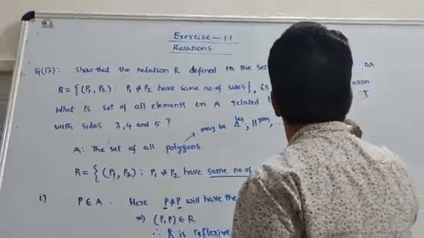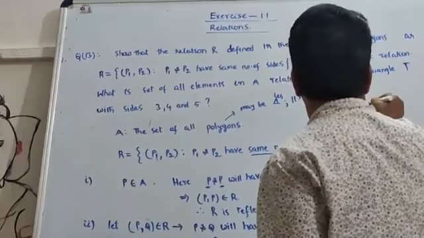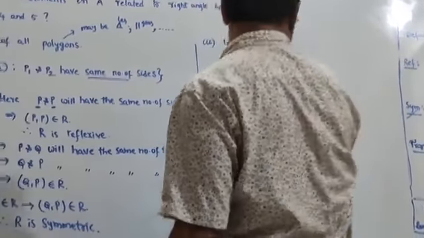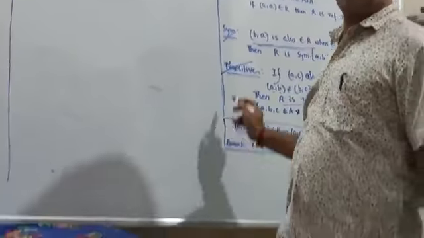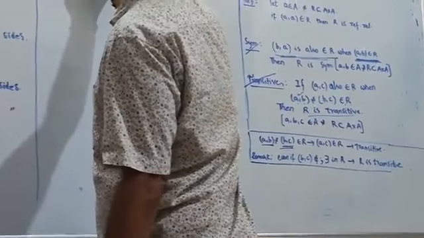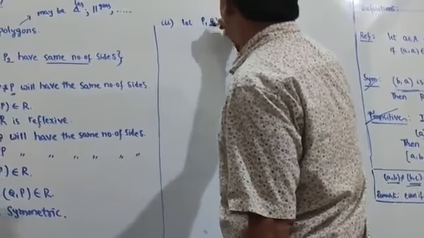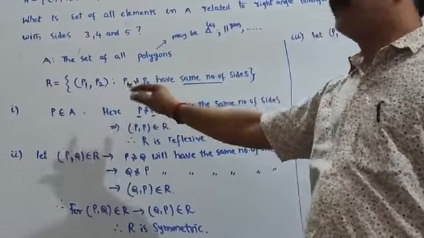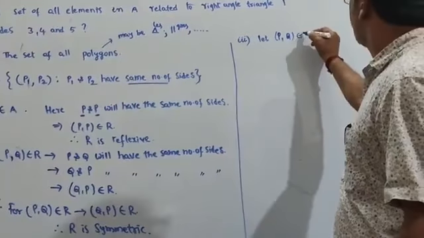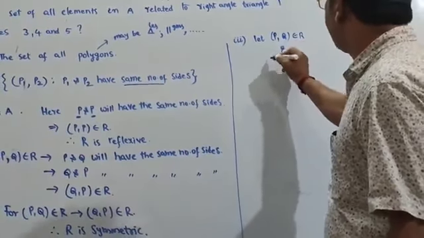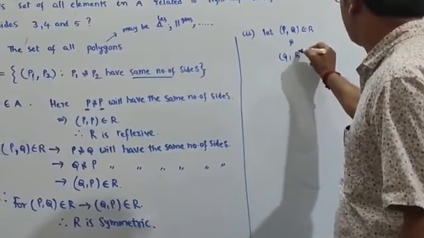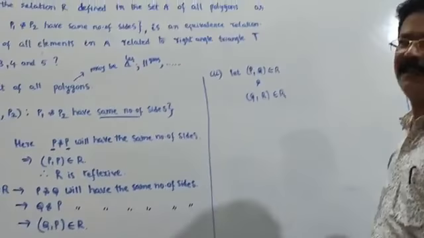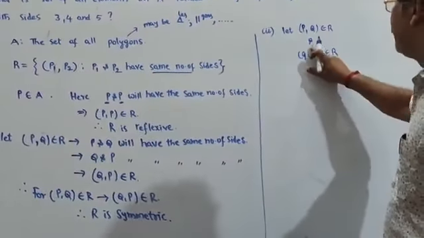Next, transitive. Number 3. Transitive. What is that? According to this definition, let capital P comma capital Q, or we can take P1, P2, P2, P3, just like that, belong to capital R, and capital Q comma capital R belongs to capital R. This letter and this letter are the same, that's why I am willing to change this letter.